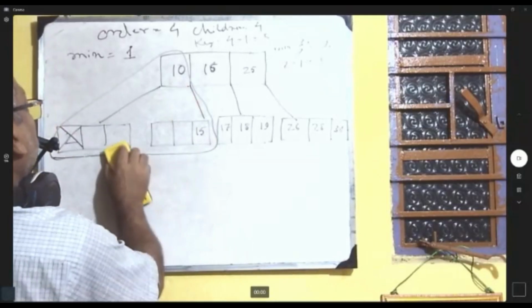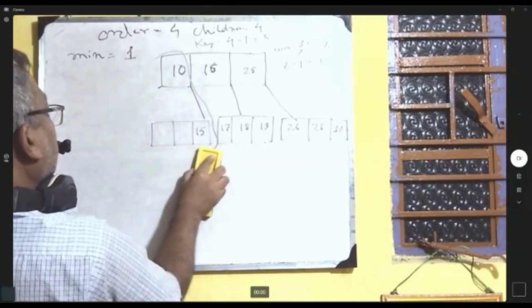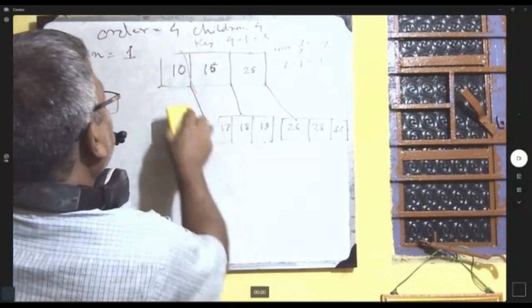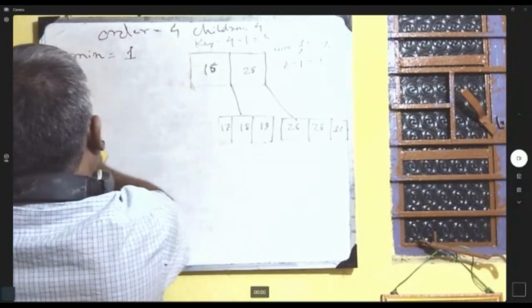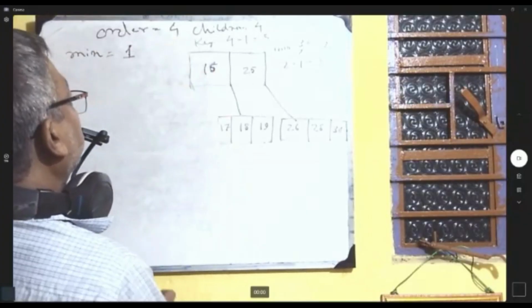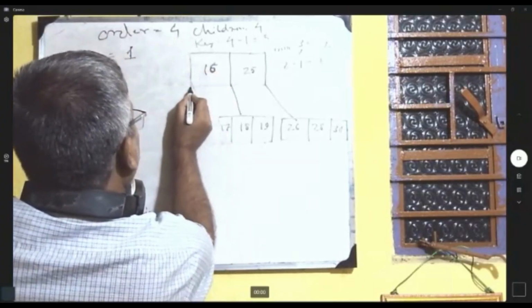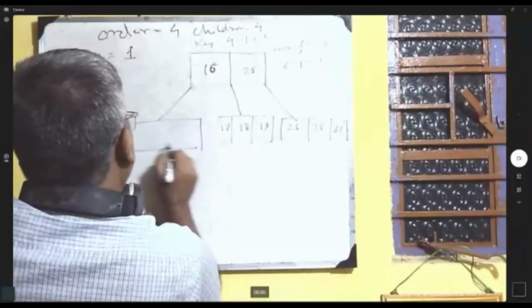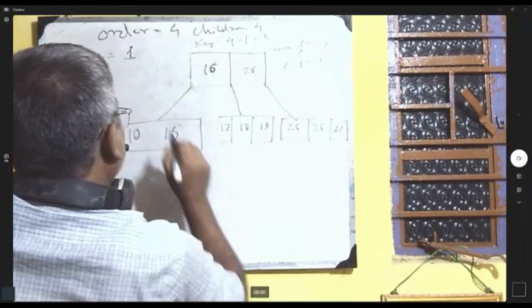So this node will be deleted, and 10, 15 will be merged, and it will be adjusted as the left node of 16. This is 16, and 10 and 15 are here.